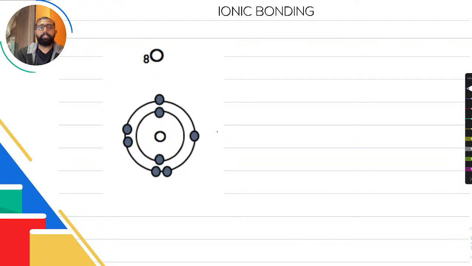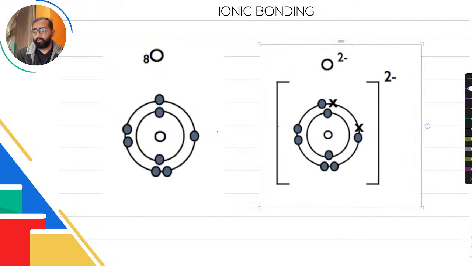But when it changes to oxide ion, it basically changes the configuration, and this is what you get. So you can clearly see that now you have 2 more electrons. And notice that these are crosses, these 2 symbols. Those crosses are basically showing that we've got those electrons from another atom. And in this case, it was magnesium.